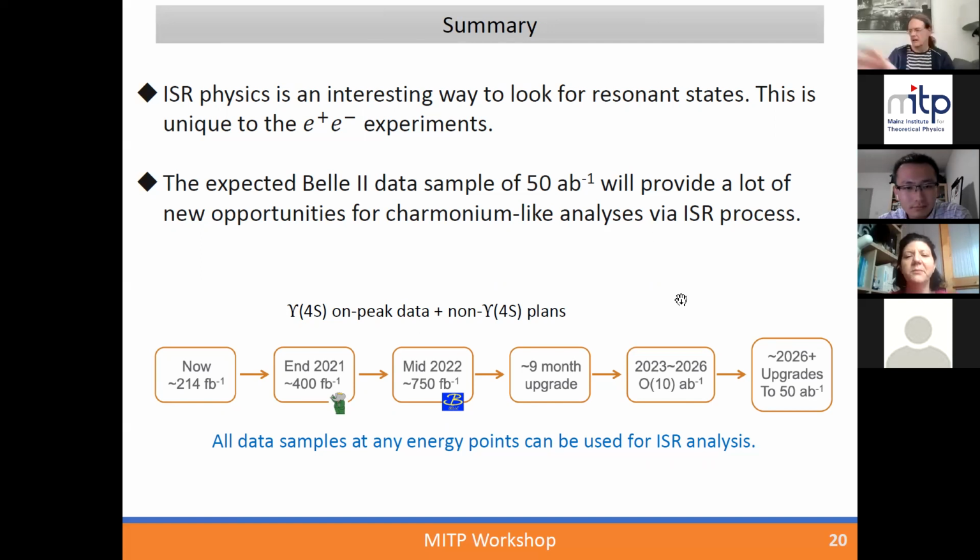Please go ahead. Well, it's more a remark than a question. I think you probably know that the Y(4260) should no longer be called Y(4260), because there's a high precision BESIII measurement that lowered the mass significantly down to 4230.